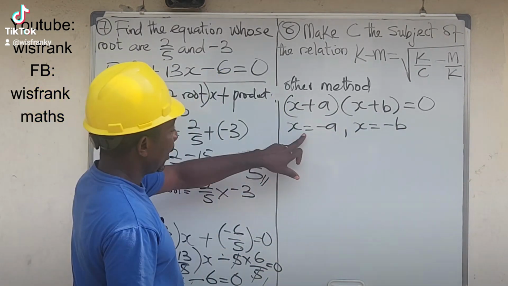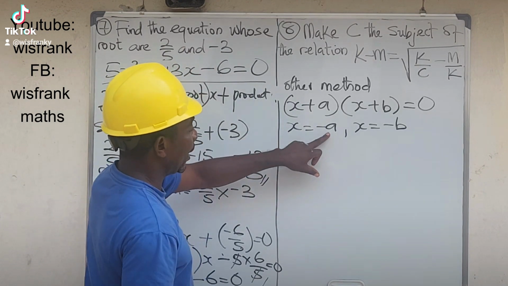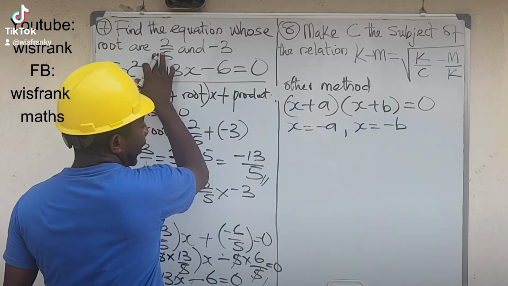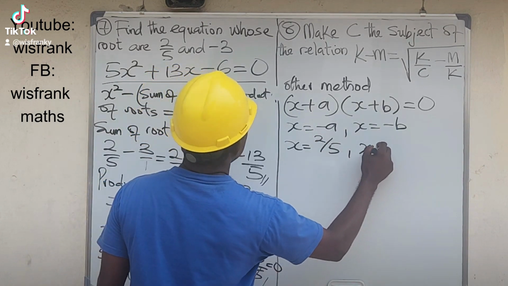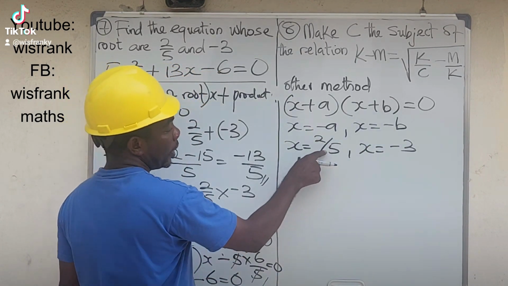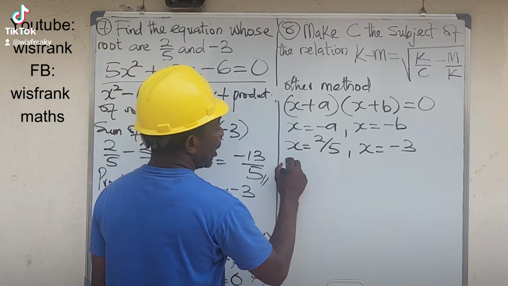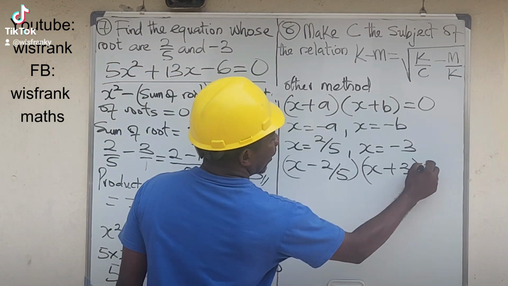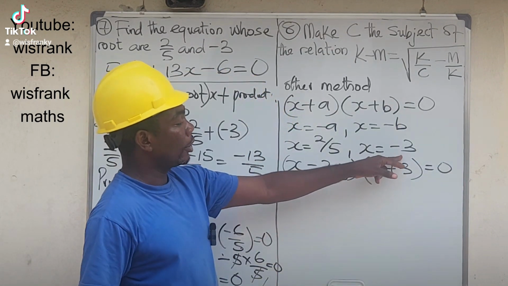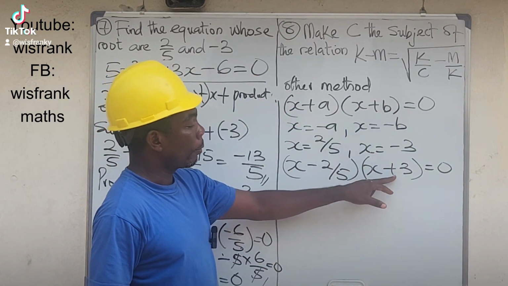So let's see what we have as a and b. We have x equals 2 over 5 and x equals minus 3. When we transpose to the other side, we have x minus 2 over 5 and x plus 3 equals 0, because minus 3 transposes to the other side and becomes plus 3.